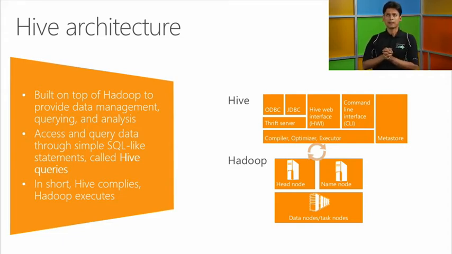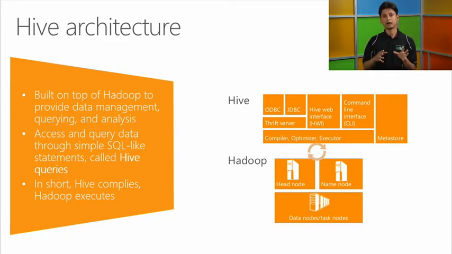Now, you might wonder, okay, I can run queries on data stored as text files like Bill did in previous demos. Where is the schema in all this? So the schema is something which you create before you can fire the Hive queries.